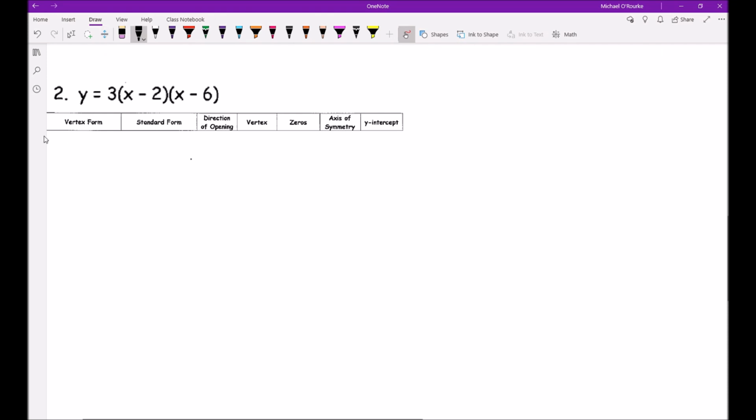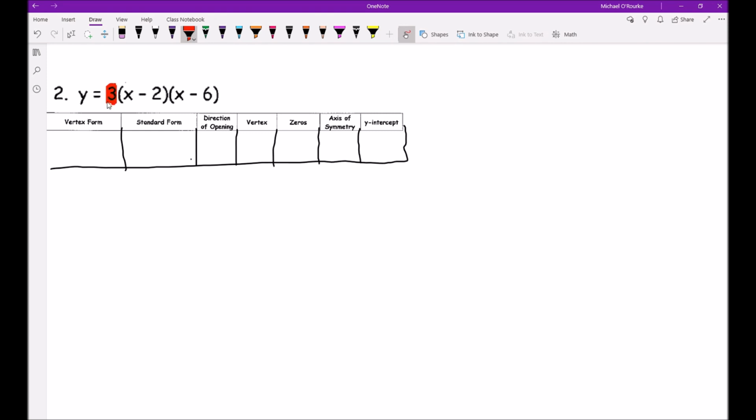Now we could right away ask ourselves, what can we get from factored form? What's the first thing we can get from factored form? We could get direction, right? And then we'll come back to zeros in the chat. Those are 2 things we can get from factored form.